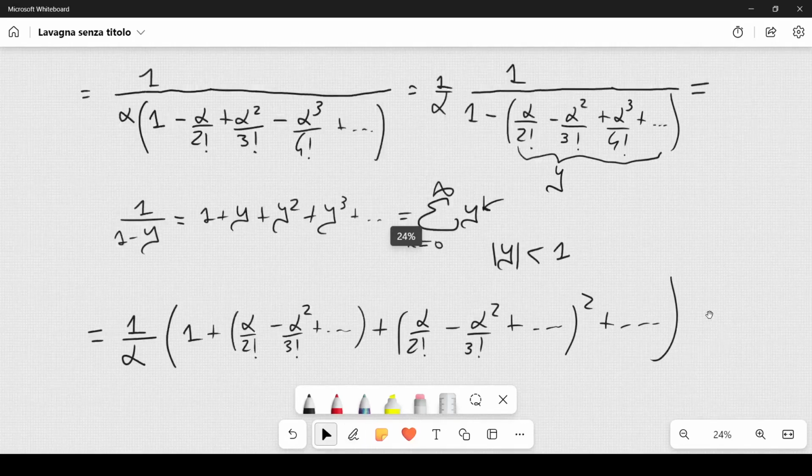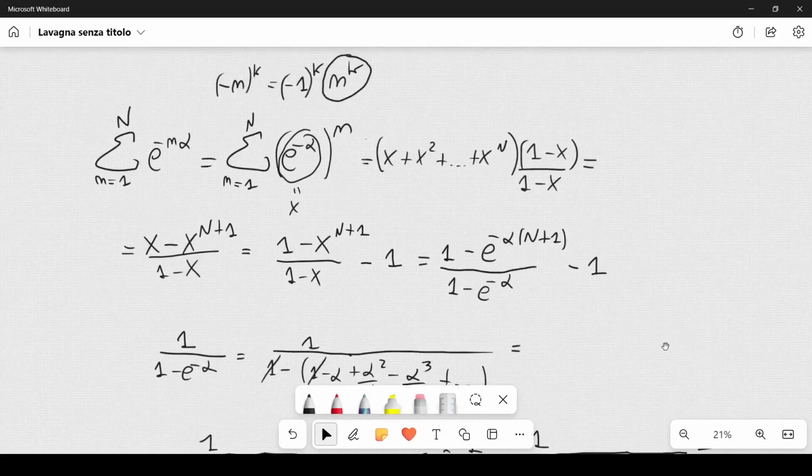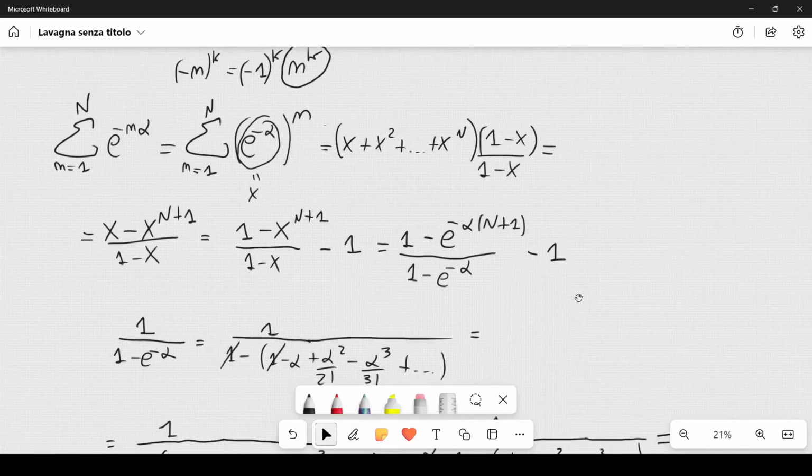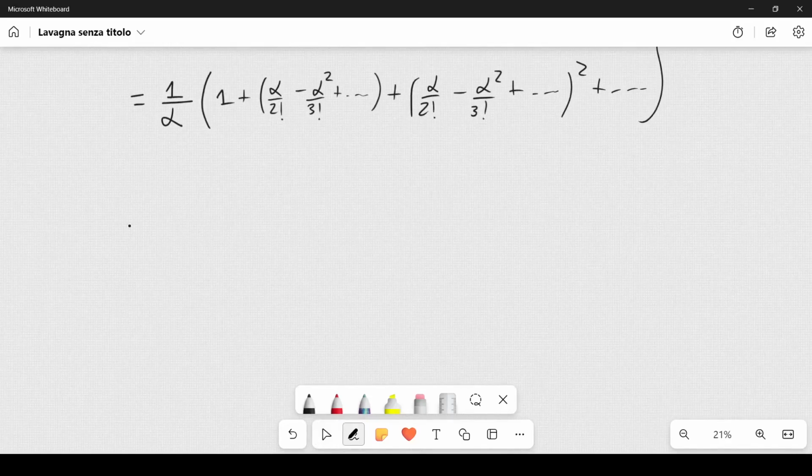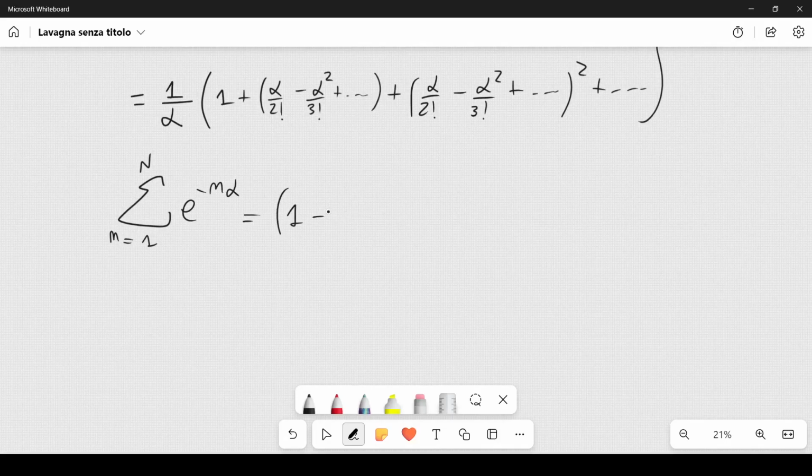So if I go back to my formula here, I can rewrite it. So I'm going to rewrite exactly this, where is it? Sorry. This result. Remember that we have expanded this denominator, in particular this term. So I can rewrite that formula in the following manner. So I have a summation over n from 1 to capital N of e to the minus n alpha, and then I have 1 minus e to the minus alpha n plus 1.